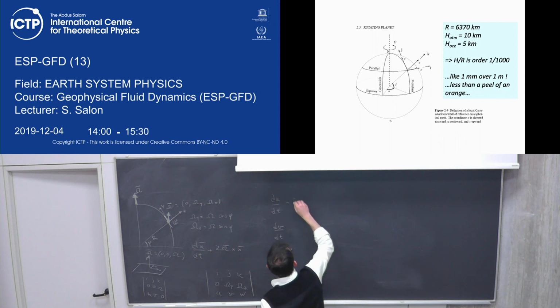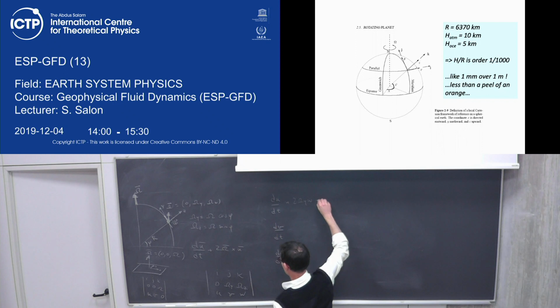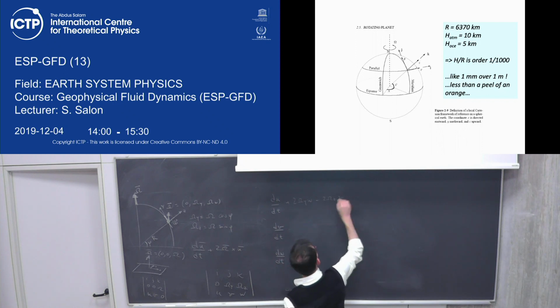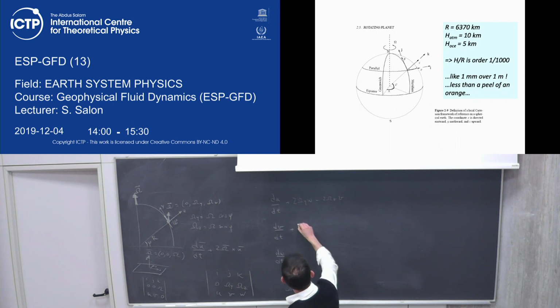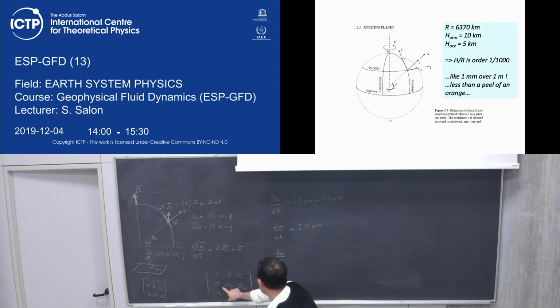So plus 2 omega y w minus 2 omega z v. Here we have, this is 0 and this is minus with plus 2 omega z u, and here you will have the last one, which will be minus 2 omega y u.